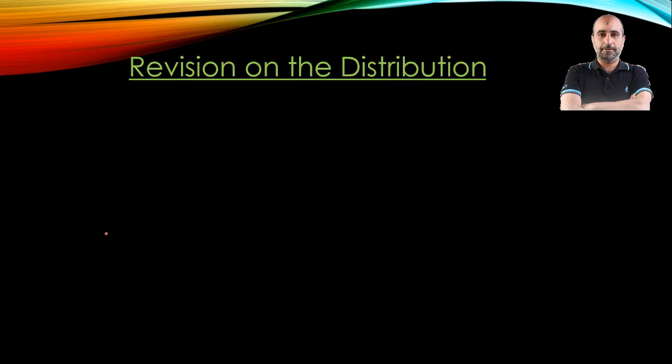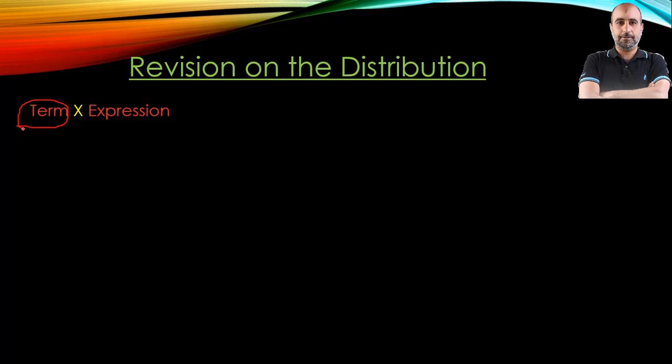Now, we will review the distribution, the most important property we have learned. We have two cases of the distribution. Distribute a term on an expression, and the second case, which is distributing an expression on another expression.